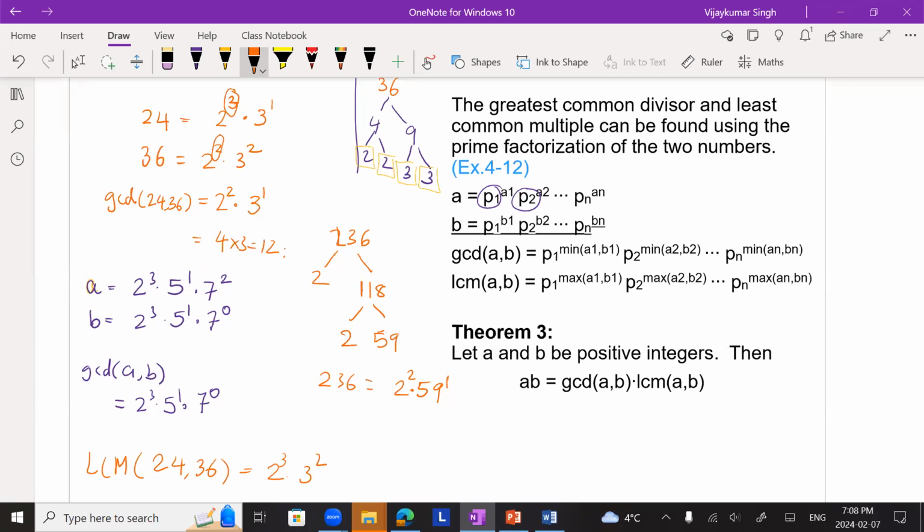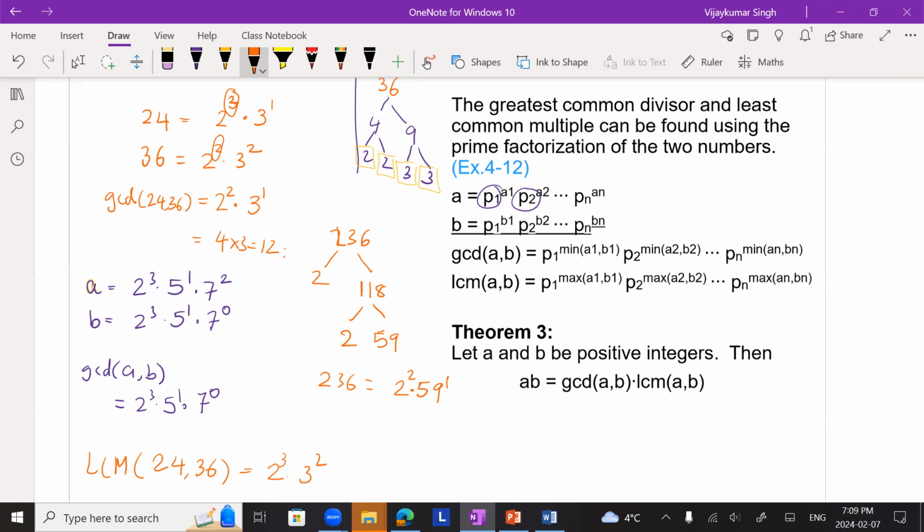Now, how do I logically come to this conclusion? Think about it. I'm looking at the LCM of 24 and 36. It's a multiple of 24, so whatever power of 2 divides 24 must also divide this LCM, because 24 divides this LCM.